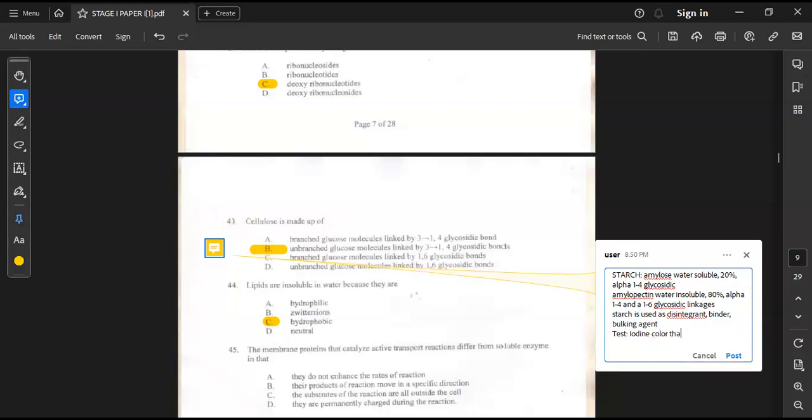And then for the other tests, it would be for reducing and non-reducing sugars. But that's for the monosaccharides and disaccharides mainly, whereby sucrose is the non-reducing one. The other common ones, like lactose, galactose and glucose, are reducing.